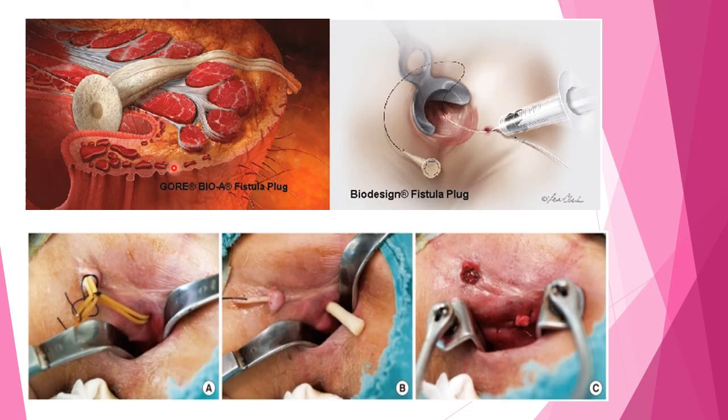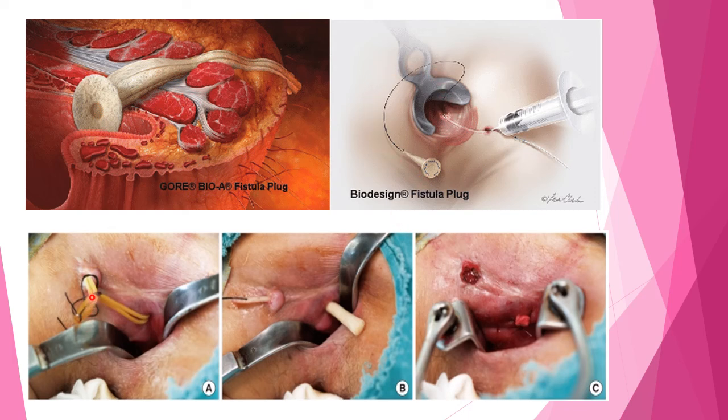Here, this is how it is. This is the sphincter muscles. This is the lumen of the anus. So the plug or mesh is plugged into the hole of the fistula, and then it's pulled out until the surface of the fistula at the skin, using the given plug apparatus.